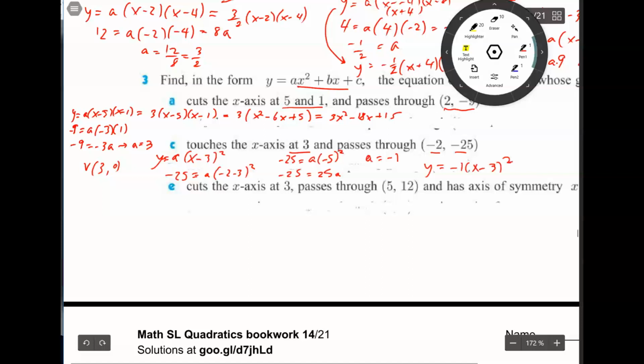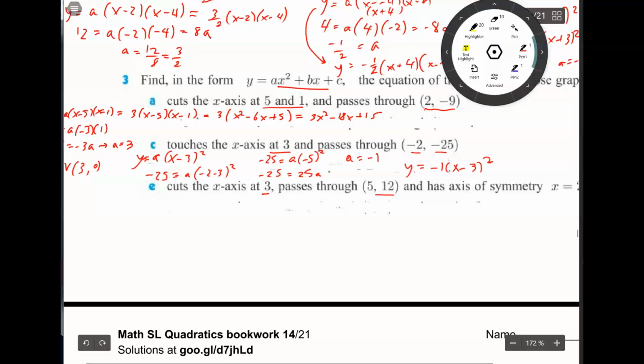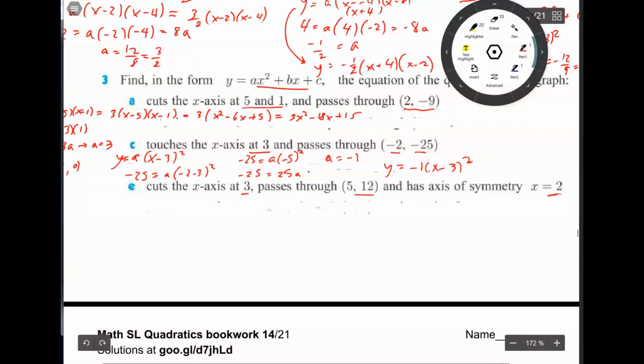Last one. A quadratic which cuts the x-axis at 3, passes through 5, 12, and has axis of symmetry at x equals 2. So, if it has an axis of symmetry at 2, and it cuts the x-axis at 3, then I can see that the other x-intercept would be at 1, right?